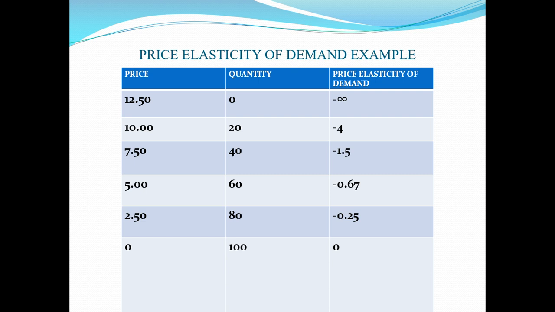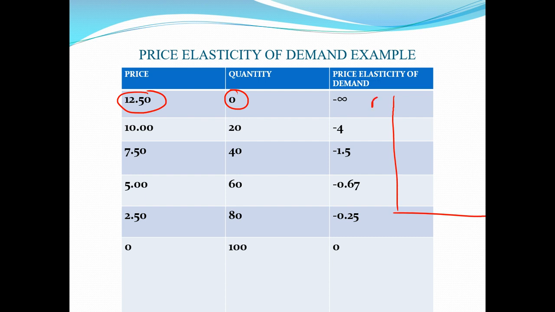Okay. So for instance, let's look at this. When the price is 12 kwacha 50, your quantity demanded is 0. So this is the maximum price. It's a case like this.